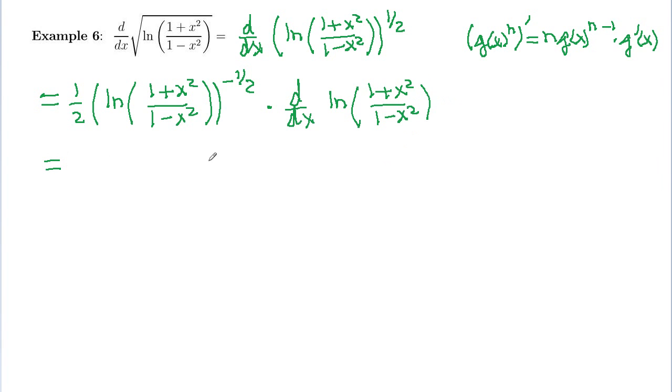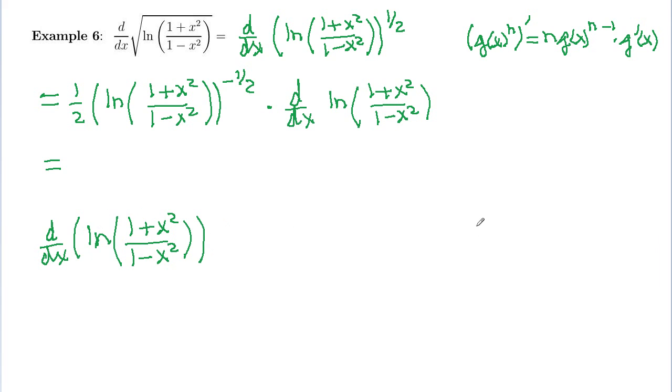And now let's take this derivative of the inside and let's work that out separately. So the derivative with respect to x of natural log (1 plus x squared) over (1 minus x squared). So this is a derivative of the log of a function.